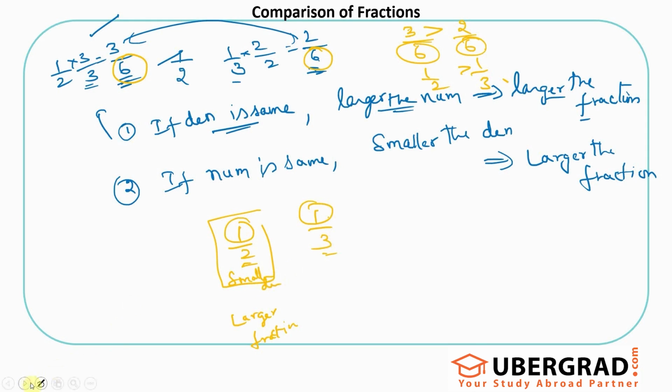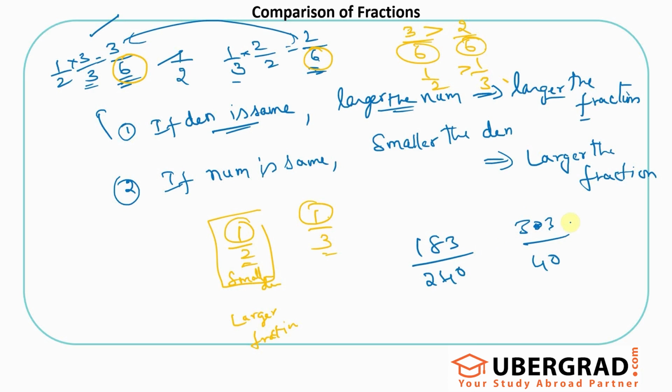So let's take another example, which is slightly harder: 183 divided by 240, and let's say you're comparing it with 33 divided by 40. Now what should I do? Here a simple thing for me to do is to get the denominator same, because 183 and 33 cannot be equated easily.